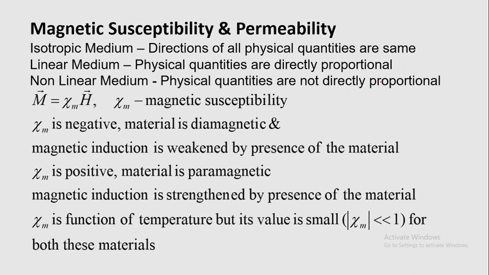In this one complete cycle, the area of this curve is proportional to the energy lost by the magnetic material. If you magnetize and demagnetize, you will find that the material becomes heated. Heat will be produced. So the electrical energy you are using from that solenoid is converted into heat.